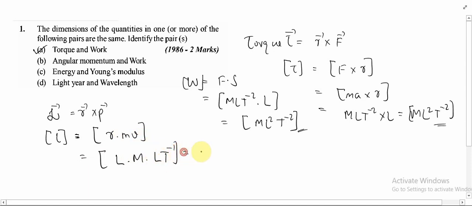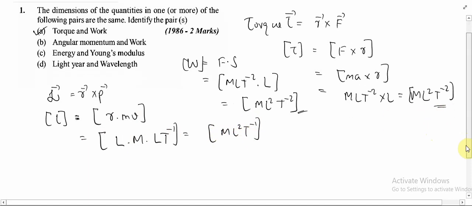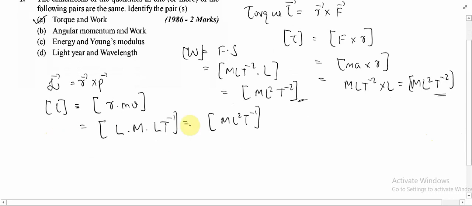So I can write it as M L square T power minus 1. Now what about work? We have already found the dimension of work, so we can see that these two are not equal, so option B is wrong.